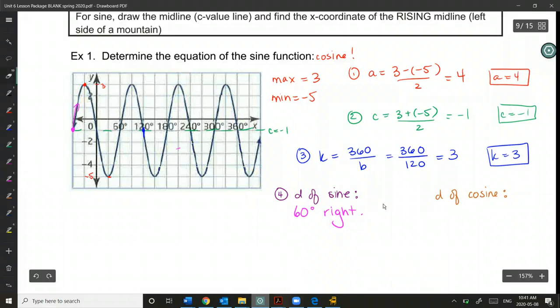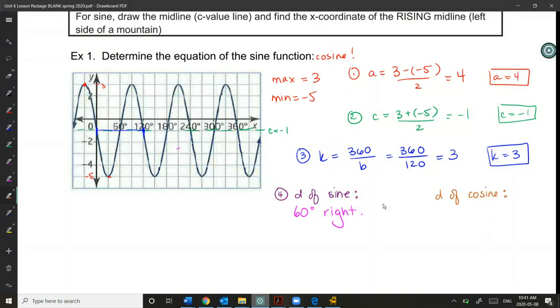So lots of different options here, in fact infinite options, because this is a periodic function that continues in both directions forever. Typically I'll just choose the closest one. However, there's no wrong answer as long as it actually is a rising midline that you found. Okay, and then for d of cosine, we're looking for the nearest max to the y-axis.